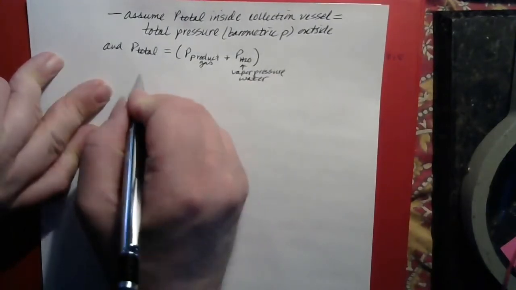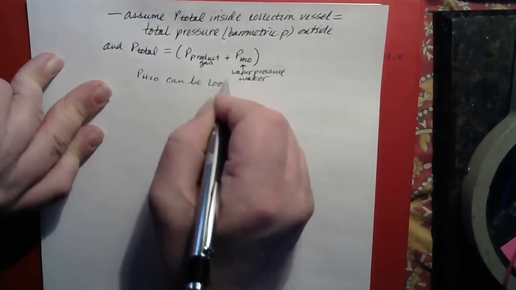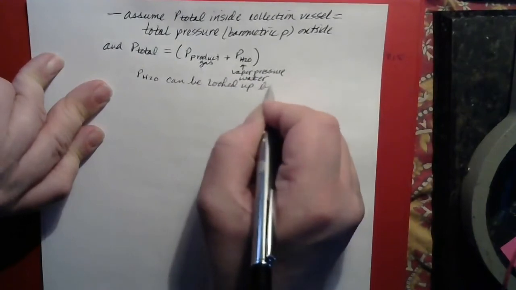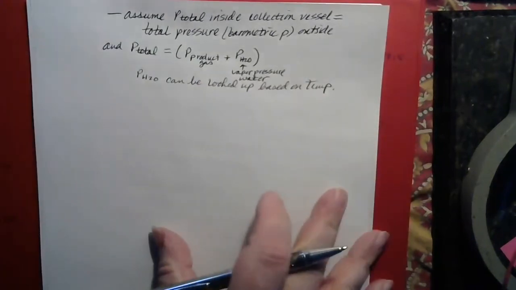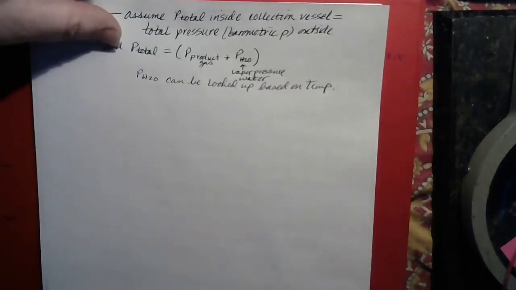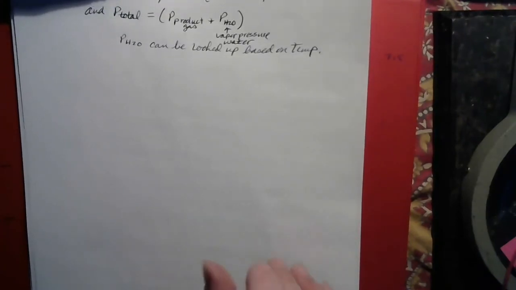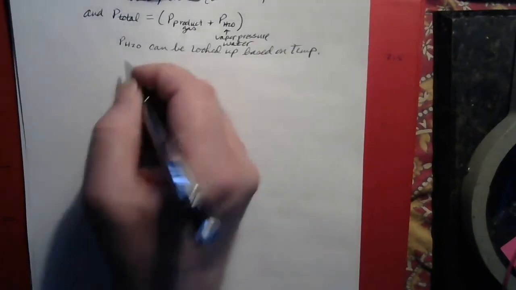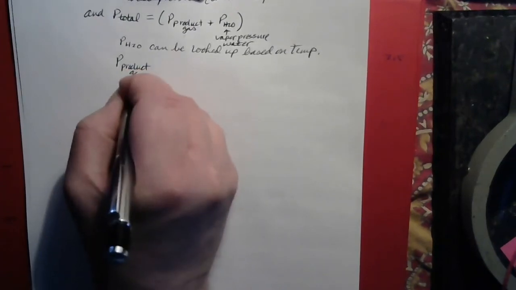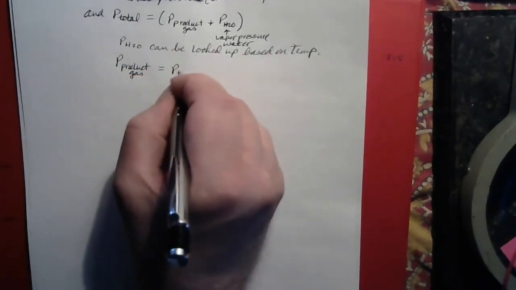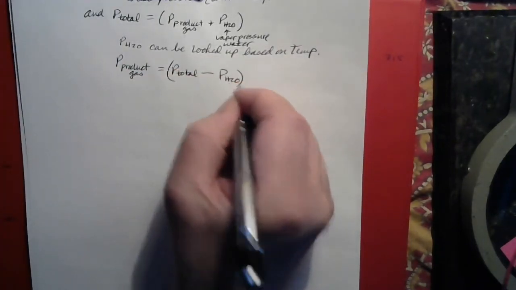Okay, as I said, vapor pressures of water are tabulated, and you can look them up in tables based on the temperature. And that's really all you have to know, just the temperature. And so the pressure of the product gas is going to be the total pressure minus the vapor pressure of water.